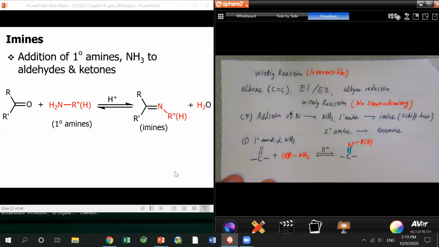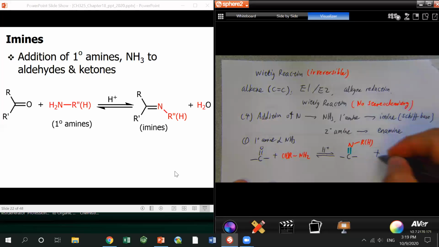You see the nitrogen loses two hydrogens, and the aldehyde or ketone loses its oxygen. That's the other byproduct of this reaction, which is water.